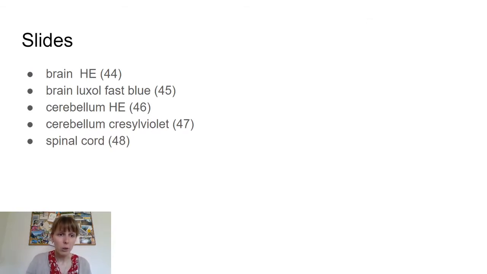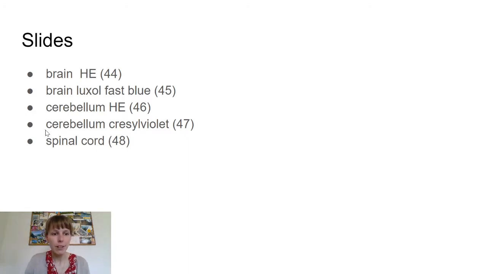So in your workbook and in the boxes with slides that we don't have right now, you have brain stained with hematoxylin eosin and brain stained with Luxol-Fast blue. So in these two we will be mainly looking at the cortex and at the border between cortex and the white matter.